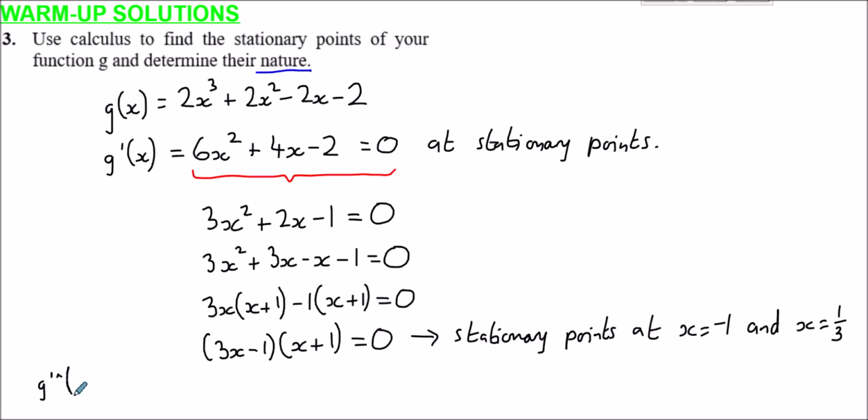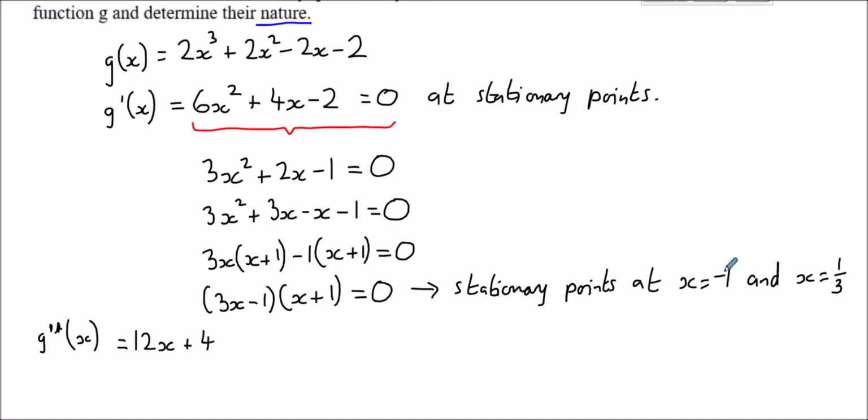So we need to take g double dashed of x. So if we differentiate g of x again to get g double dashed of x, 6x squared is going to become 12x, and this 4x just becomes 4. So now we can just input where x is minus 1 and x is a third.